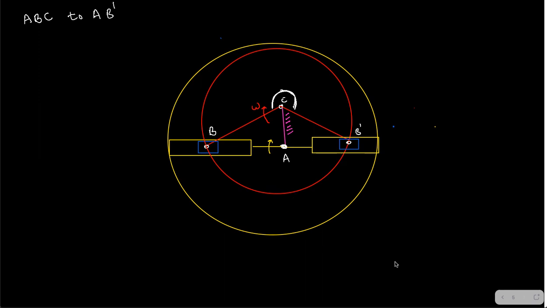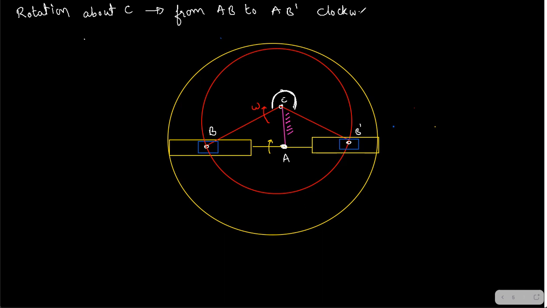I'm just going to remove the C. I'm going to write a sentence: rotation about C. Okay, it is rotation about C from AB to AB dash, and that too it is clockwise. Fine. This is what I have written.